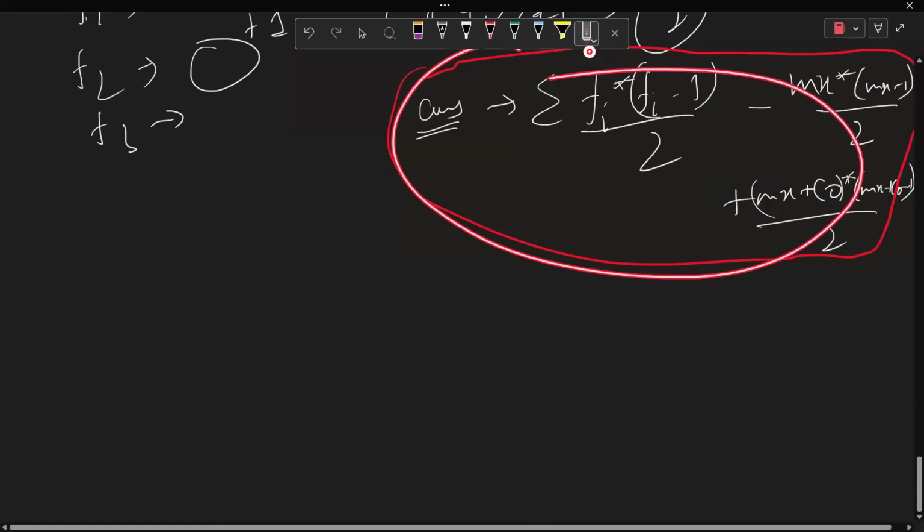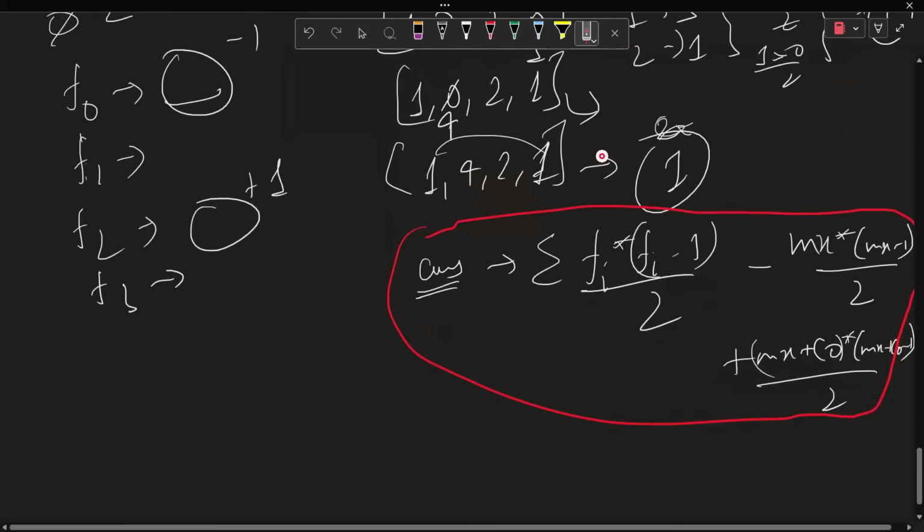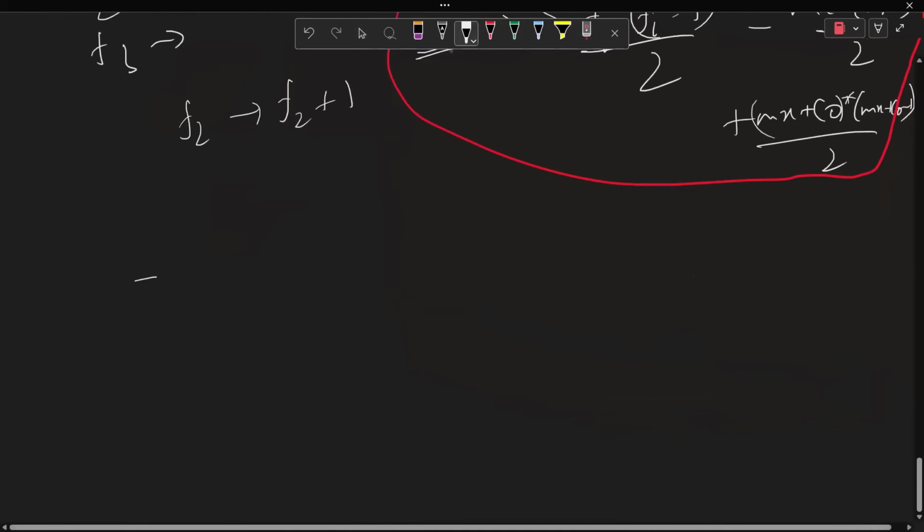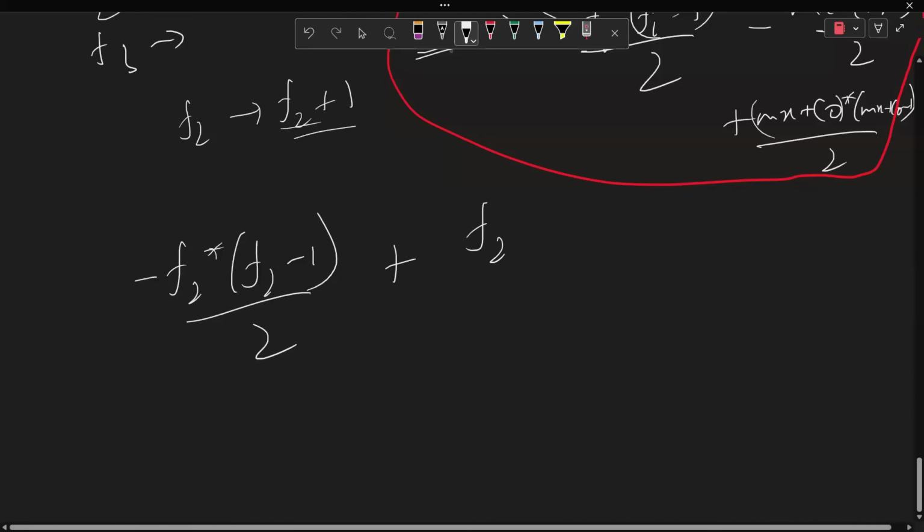This was the formula. Now, if there is a change occurring to these two values, what all terms would change? If F2 is increasing by 1, there would be a term for F2 that would increase. If the previous value of F2 was F2 and the new value is F2 dash, which is F2 plus 1, then you would subtract F2 into F2 minus 1 by 2, and you would add F2 plus 1 into F2 by 2.